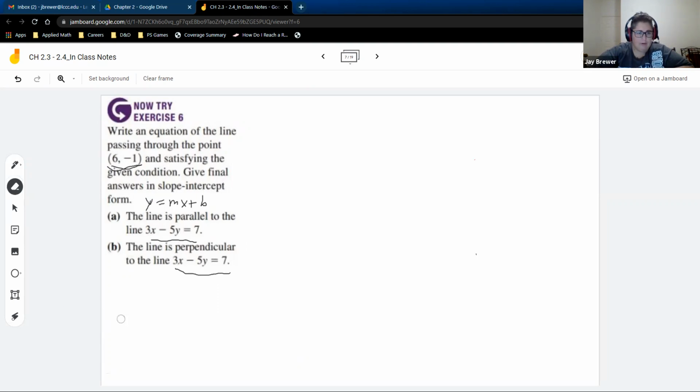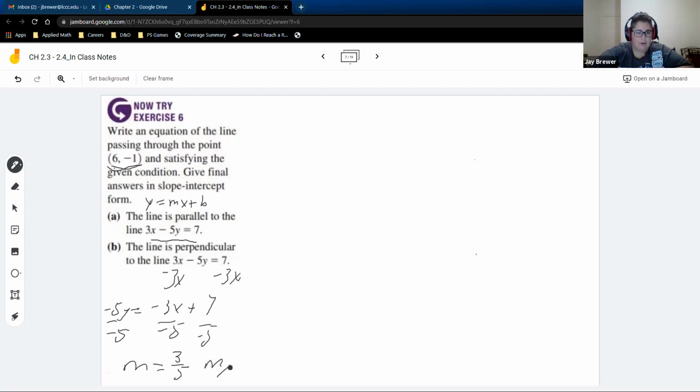Well, first we have to rewrite the equation. Oh, excuse me. So we're going to subtract 3x. We're going to have -5y equal to -3x plus 7. And we're going to divide by -5. So then your slope is -3 over -5, which is just 3/5.